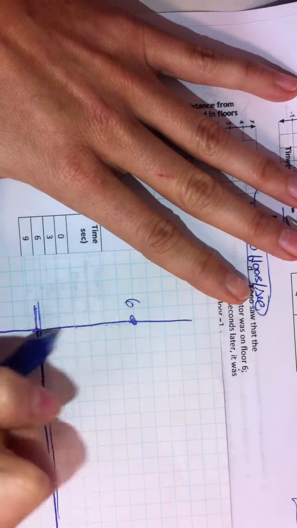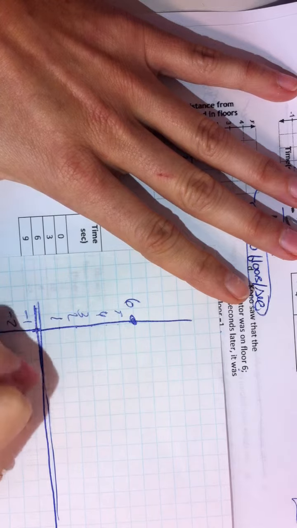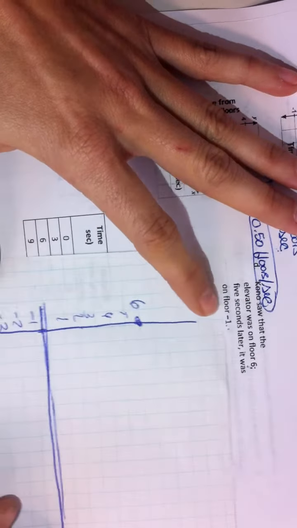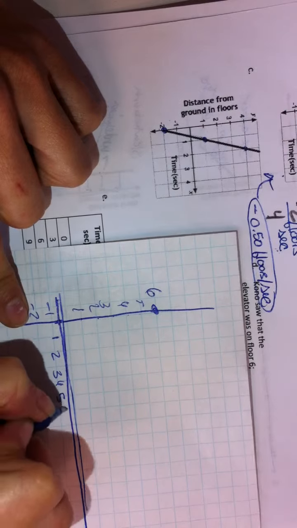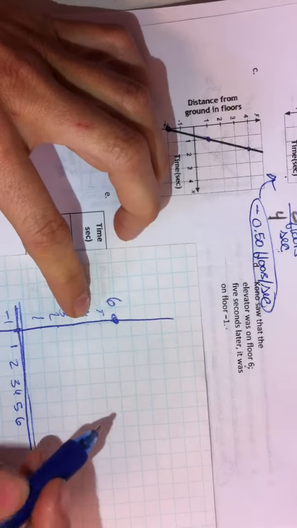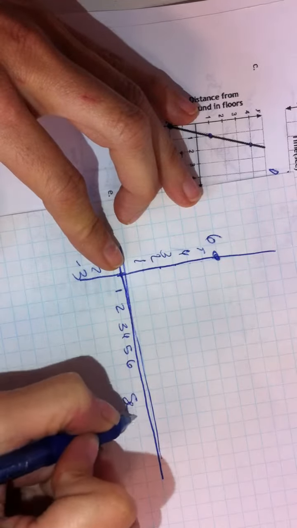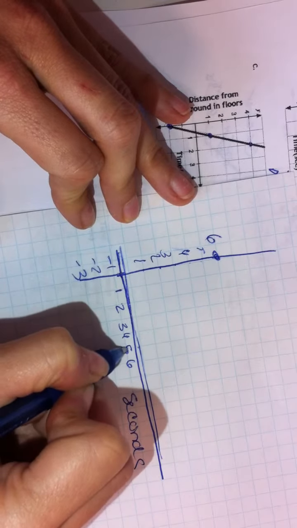So here's the 6th floor. 1, 2, 3, 4, 5. Negative 1, negative 2, negative 3. It was on floor negative 1. Okay, so here's 1 second, 2 second, 3 second, 4 second, 5 seconds, 6 seconds. So it was on floor negative 1 5 seconds later. So here's 5 seconds. Here's my seconds. 5 seconds later, it was at negative 1.